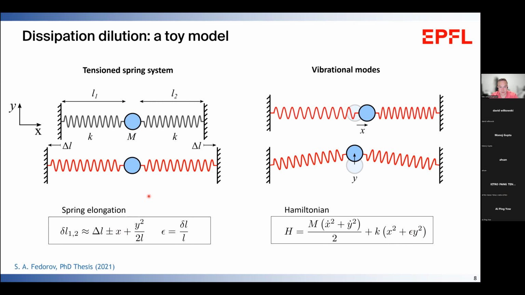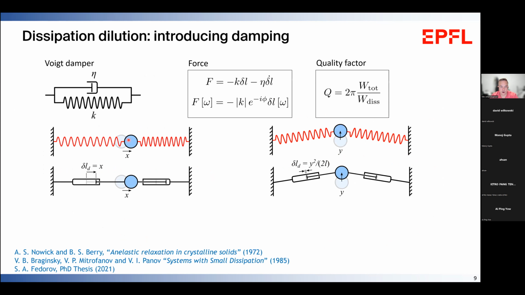Now, if we introduce dissipation in the form of this Voigt damper, so basically just a dashpot in parallel to our spring that introduces a viscous damping force, we can consider this in the time domain or the Fourier domain. As long as the losses are small, this Fourier transform holds, by the way. There is a loss angle that we can call phi, which is the lag between the force and the position, the elongation of the spring.